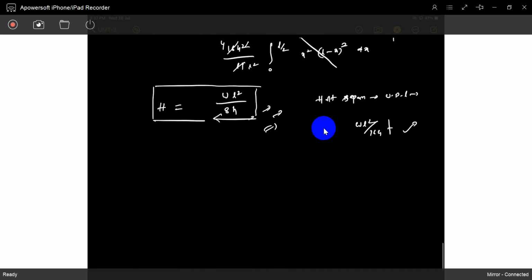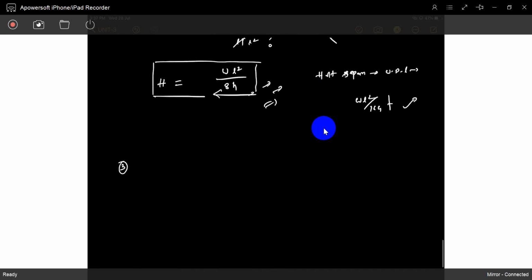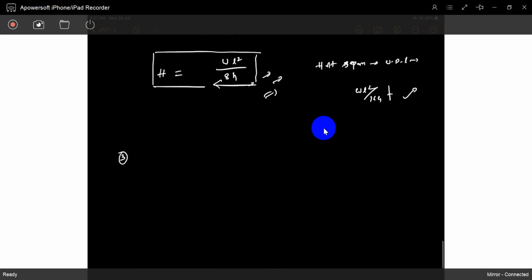Okay. So now I will show if eccentric load is acting.